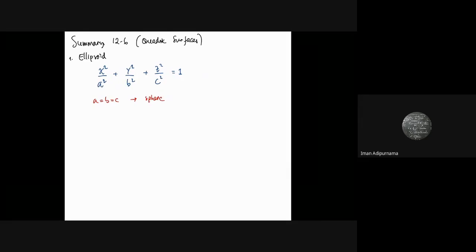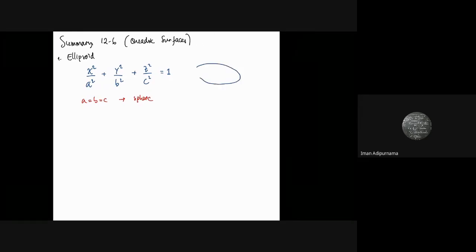And the shape is, let me just draw that, the ellipsoid.